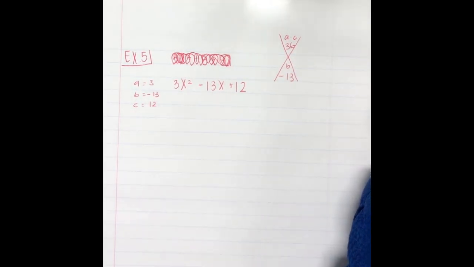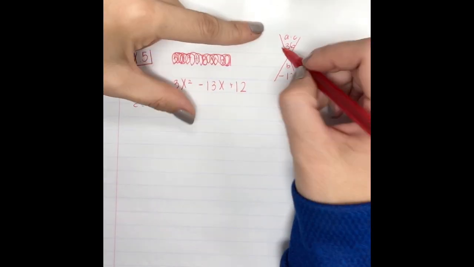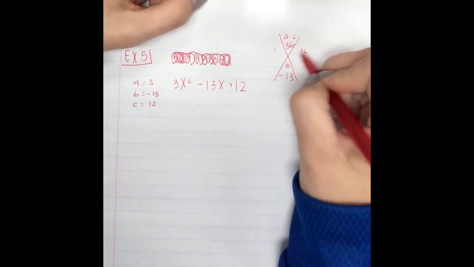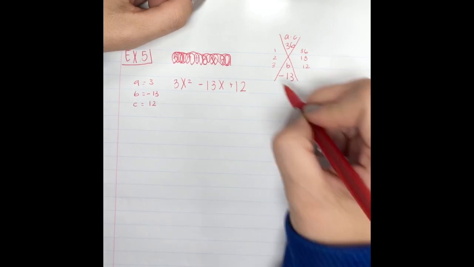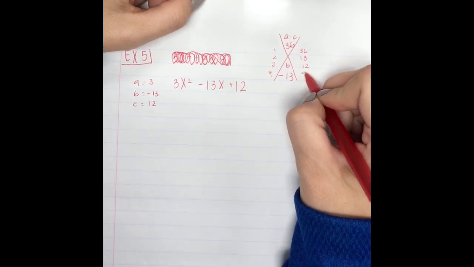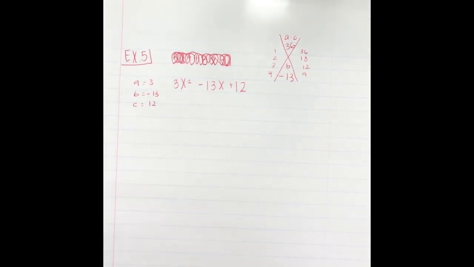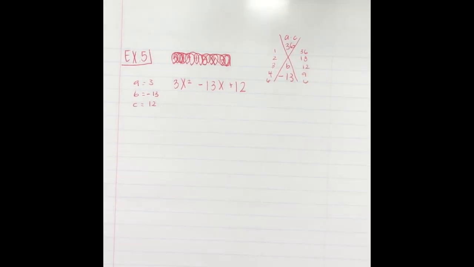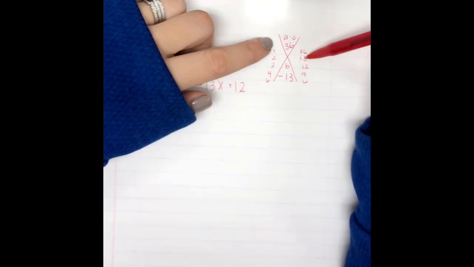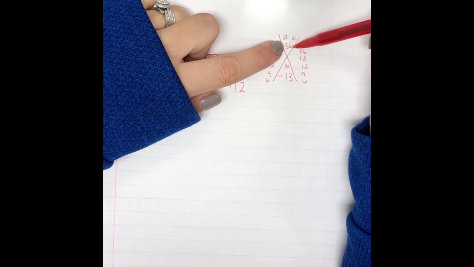So let's think of everything that would multiply to give us 36. So we have 1 times 36, 2 times 18, 3 times 12, we have 4 times 9, and 6 times 6. Okay. Now, they've got to multiply to equal a positive number.